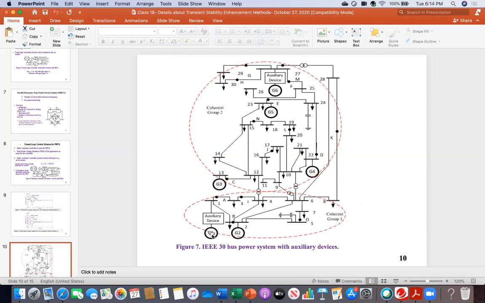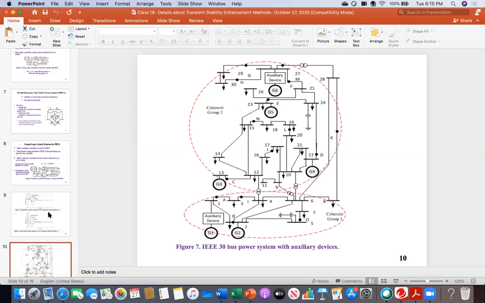You notice here at the terminal of G1, generator 6, auxiliary devices. Assume that these auxiliary devices are the fault current limiter, whatever the type is, either BFCL or parallel resonance type. So for this system, simulation has been conducted putting BFCL or parallel resonance BFCL here, and BFCL or parallel resonance BFCL here.